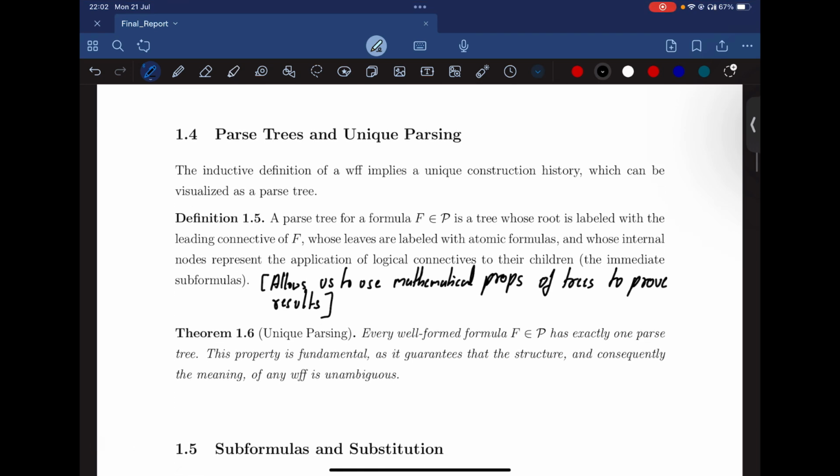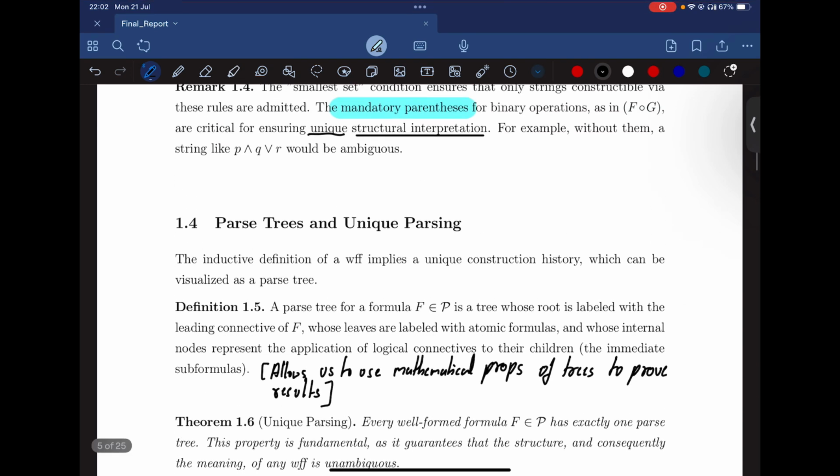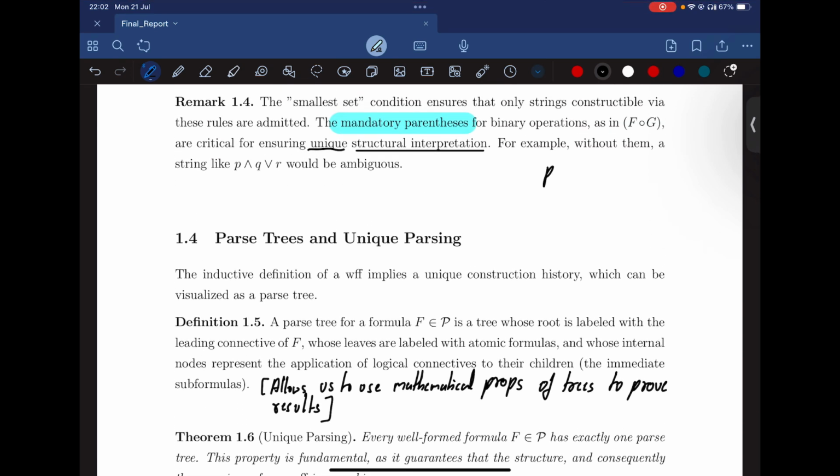Now, parse tree. What is a parse tree? Essentially, if you have a formula, say P or Q, and A exclusive or B, a parse tree is a way to deconstruct this formula. Let's say it's two parts.